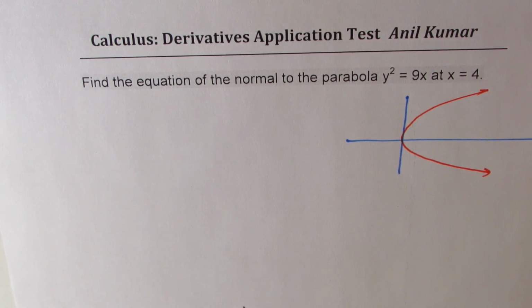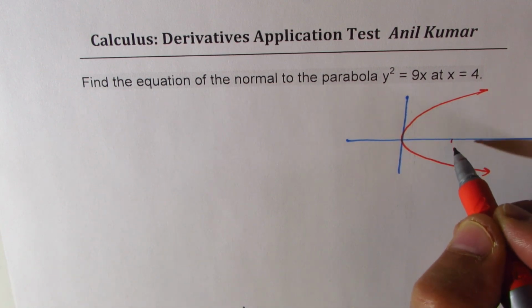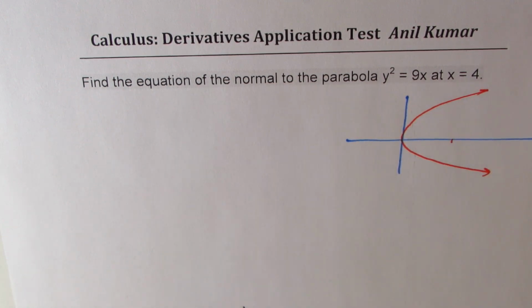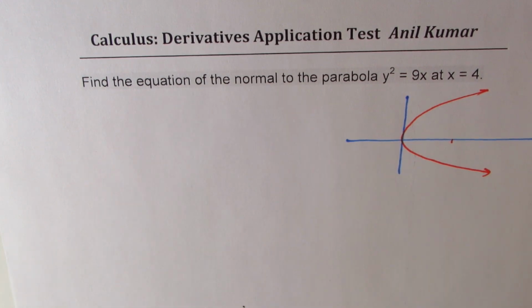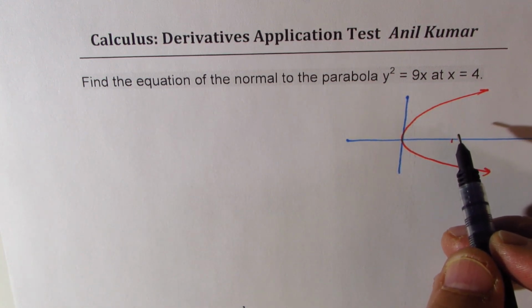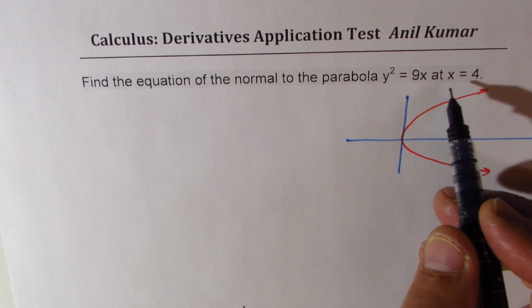Okay. Now what you notice here is that at x equals 4, we do have two values. So the question is, find the equation of the normal to the parabola y square equals 9x at x equals 4.